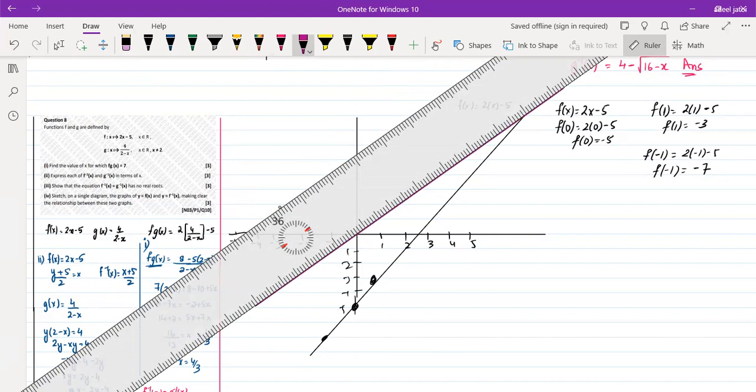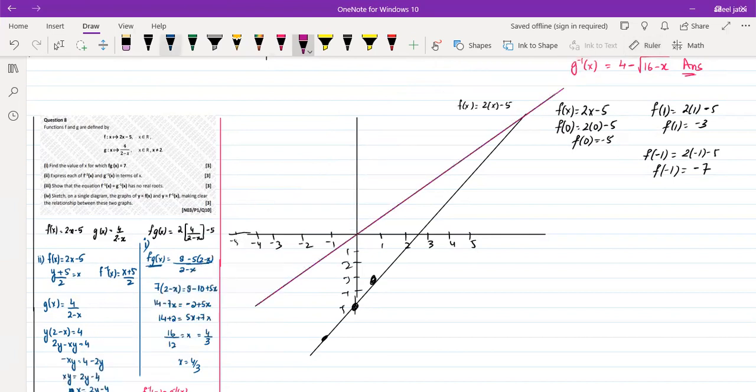The only thing you now need to figure out is that your 0 and minus 5 will become minus 5 and 0. Your 1 and minus 3 will become minus 3 and 1. Your minus 1 and minus 7 will become minus 7 and minus 1.